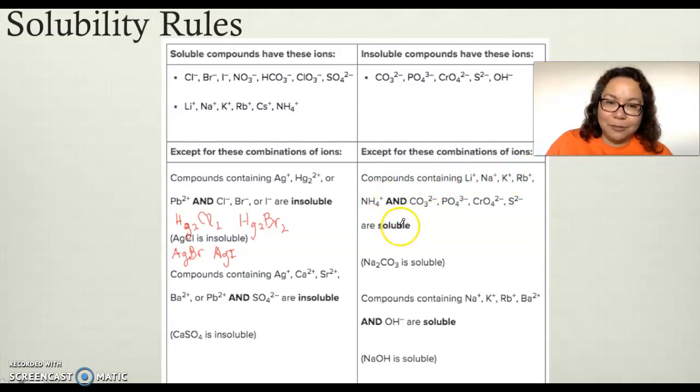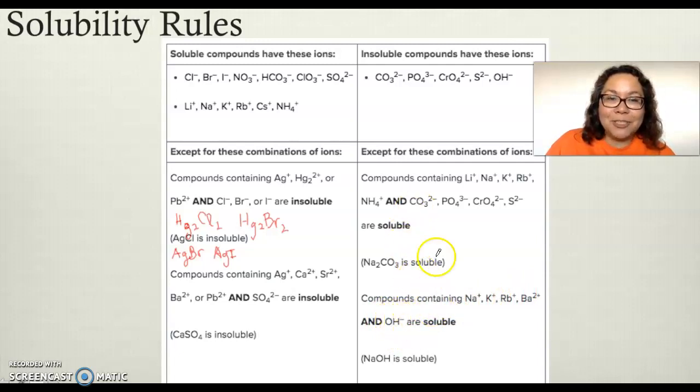They become soluble. For example, if we mix sodium with carbonate, sodium carbonate will actually dissociate and dissolve. Mix lithium with phosphate, that can dissolve. So lithium, sodium, potassium, rubidium, and ammonium will actually make them soluble. And also the same ions with hydroxide can make them soluble.